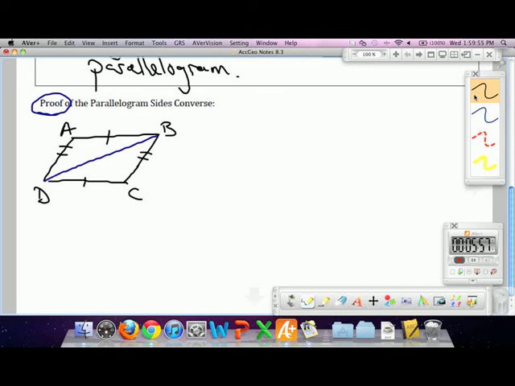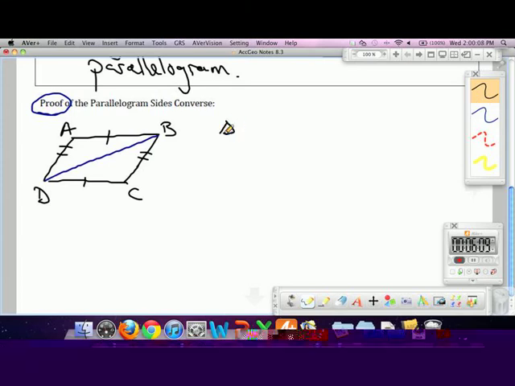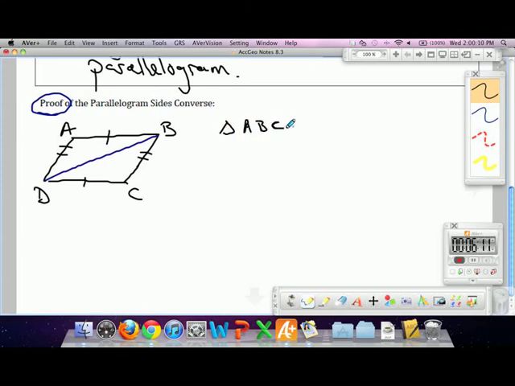They're going to share this side. Moreover, they're congruent. So from the given, I know that triangle ABD is congruent to triangle CDB.